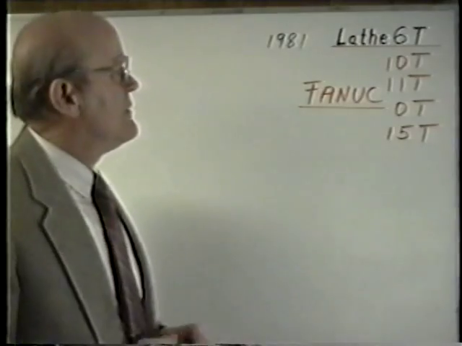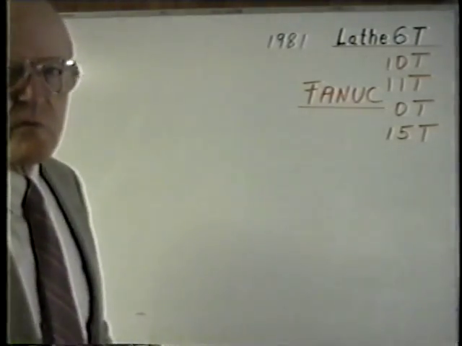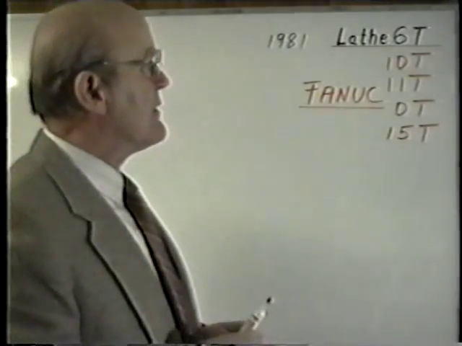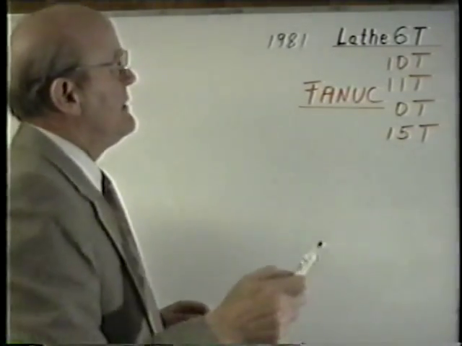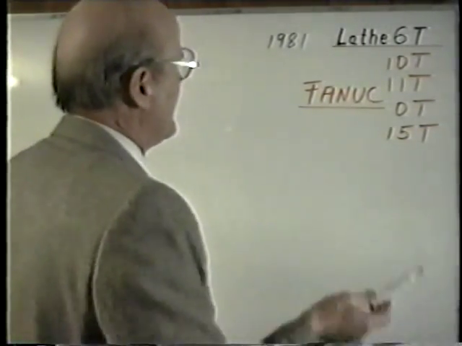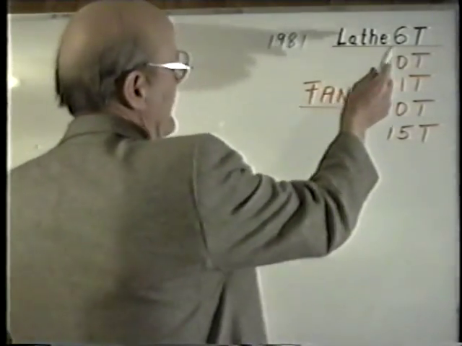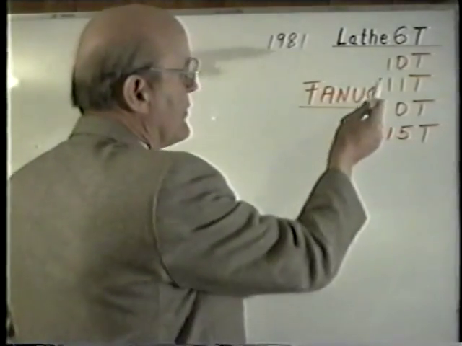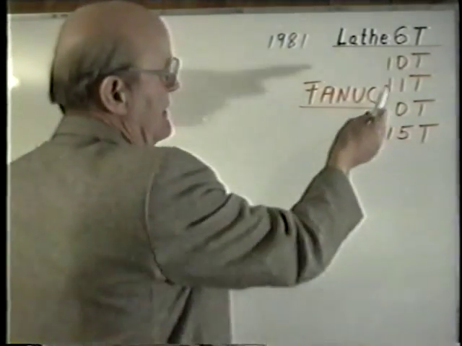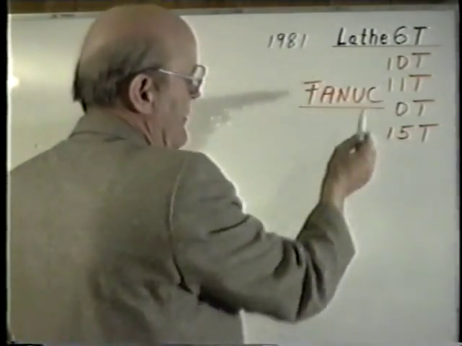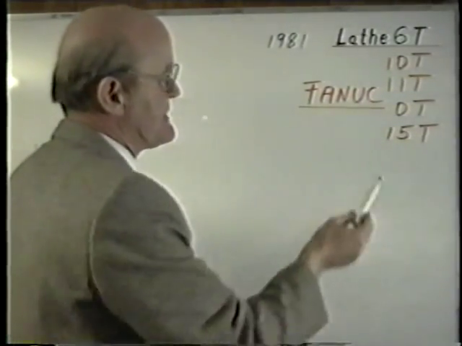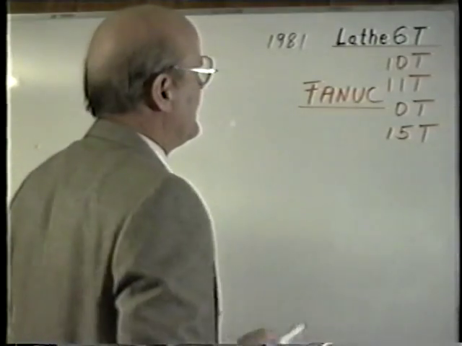Before we get to what's called the modern CNC control, let's take a look at some of the reasoning, some of the control numbers and so forth. In 1981, late 1980, Fanuc came out with the 6T control. Now since then, we have gone through a series of numbers. There's been a 10T, an 11, and right now on new machine tools, you would see the 0T and the 15T.